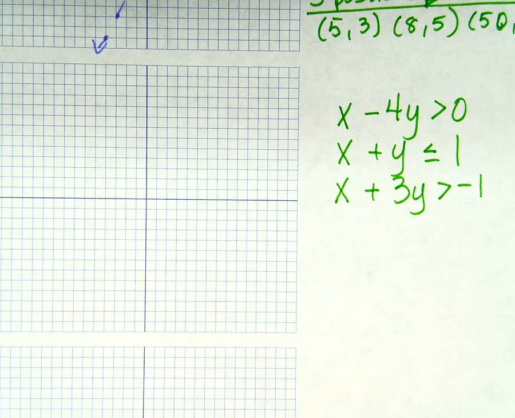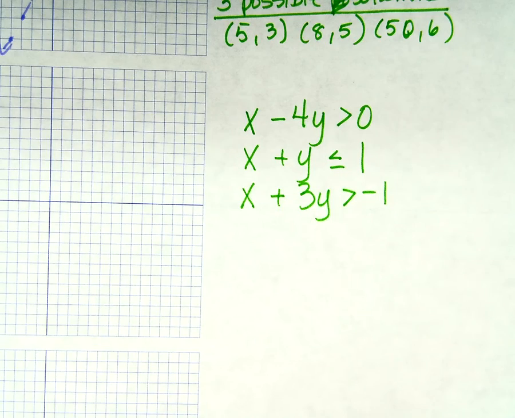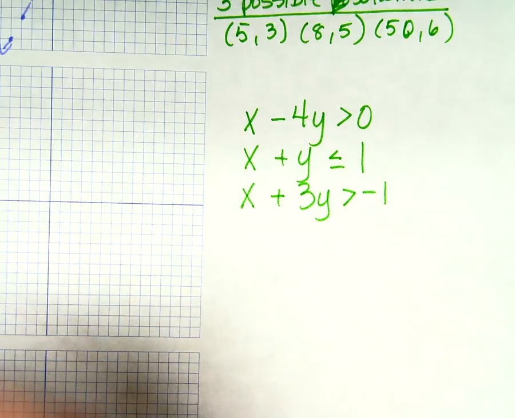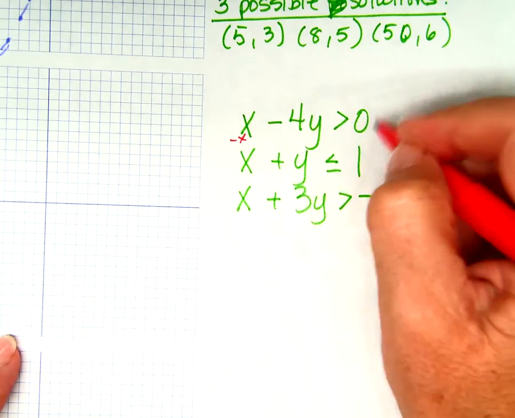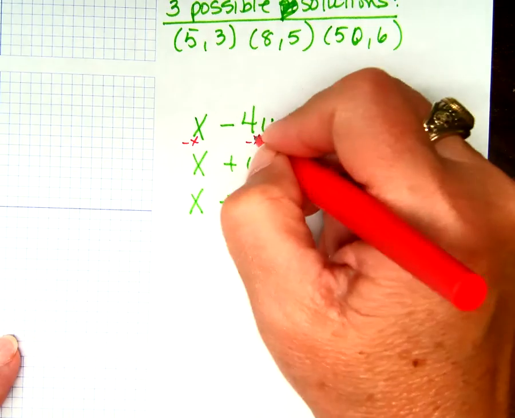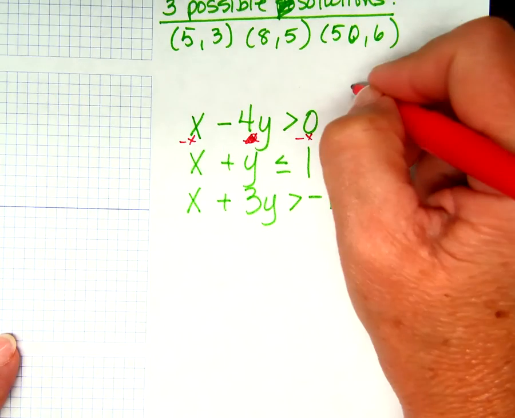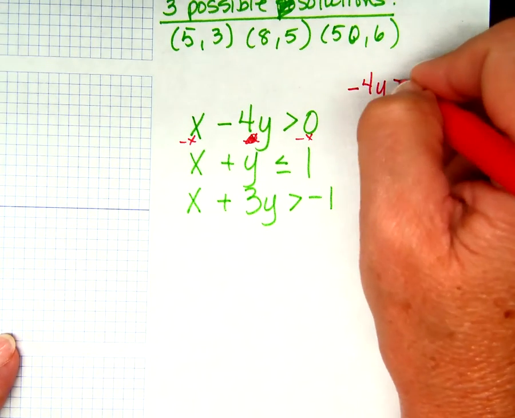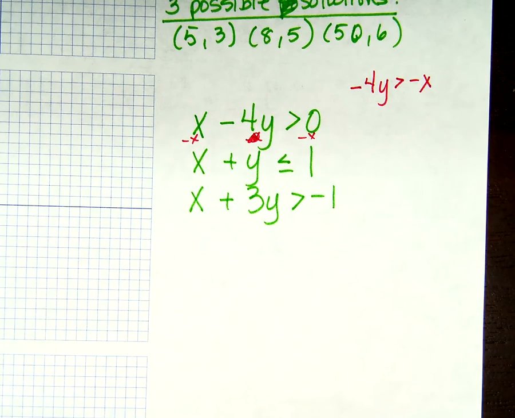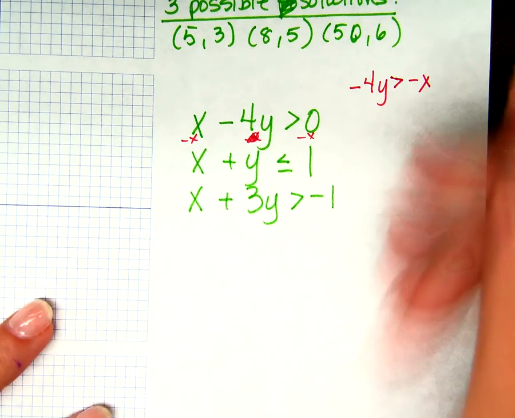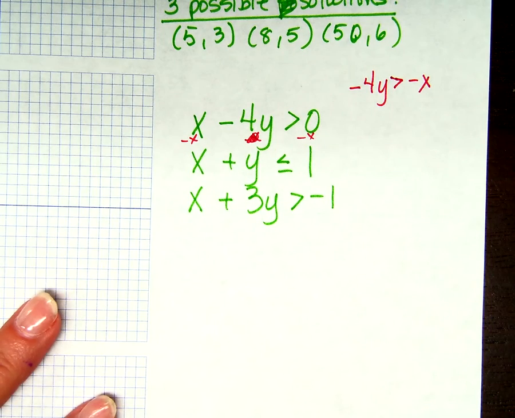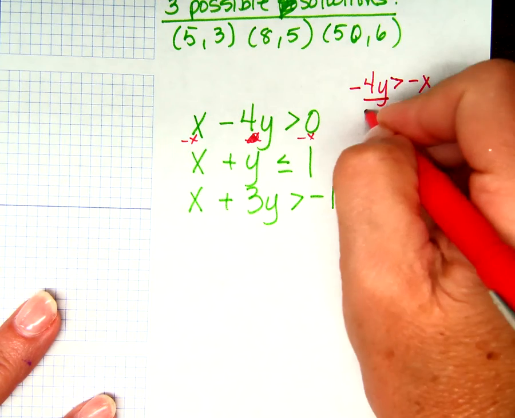So for this first equation, what am I going to do first? I need to subtract x from both sides. Negative 4y is greater than negative x. So how do I solve for y? Divide by negative 4.